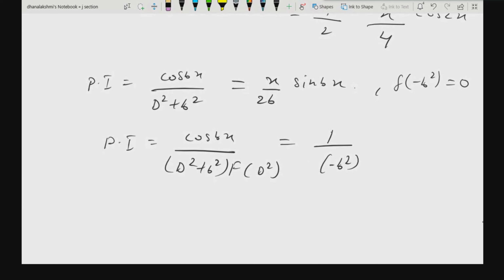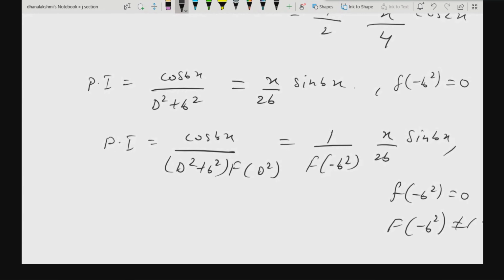Instead of phi I have used f, so f of minus b square, and for cos bx by d square plus b square it will be x by 2b sine bx. This is when original f of minus b square is 0 and the remaining terms in terms of b square are not equal to 0. Okay? Yes, ma'am. Have you written all these formulas? Understood?